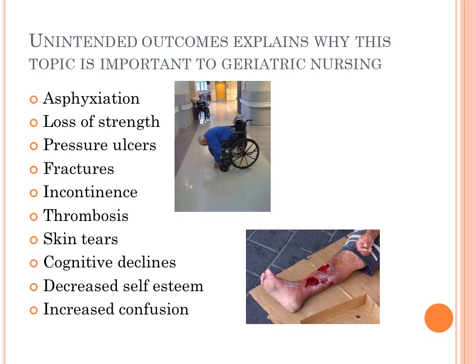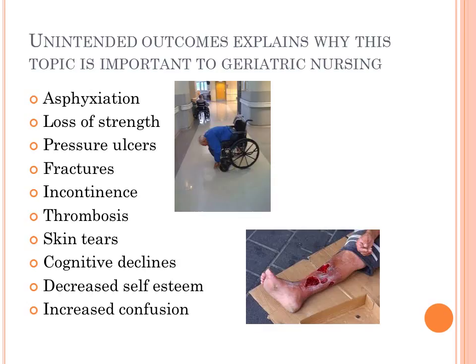Some of the unintended consequences really highlight why this topic is important to me, having worked and continuing to work in the geriatric population, because of the detrimental effects that restraints have, especially in that population. Given that this is a population that is highly affected, the consequences include asphyxiation and loss of strength because mobility is decreased and they cannot exercise free movement, and pressure ulcers.